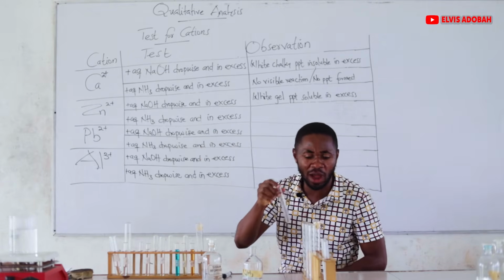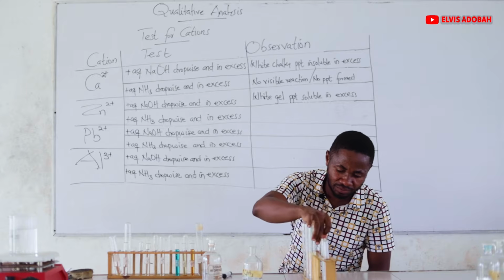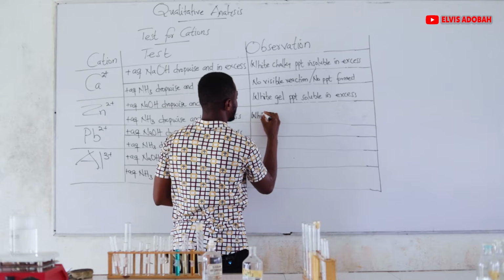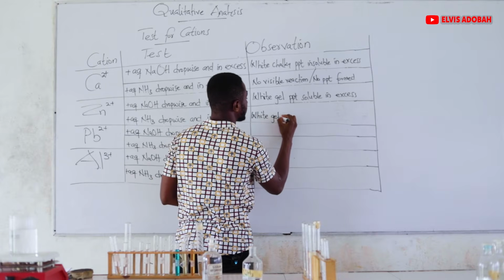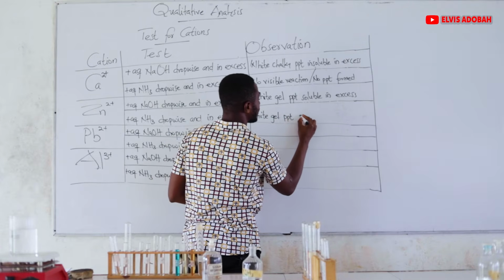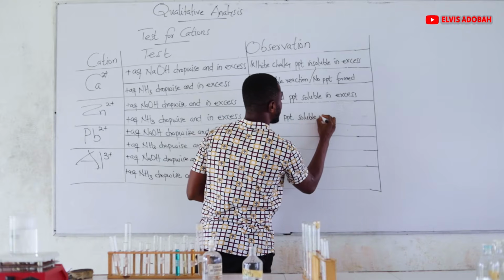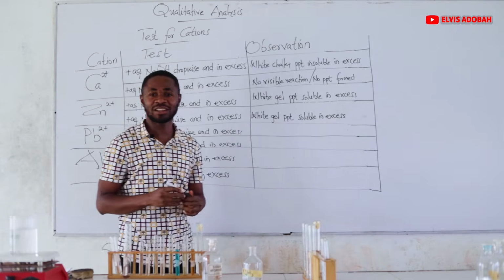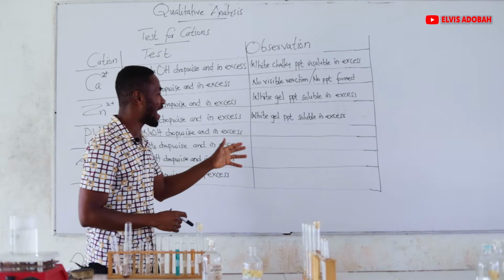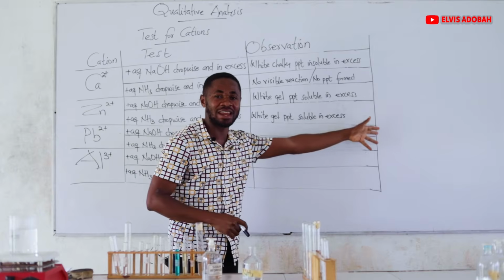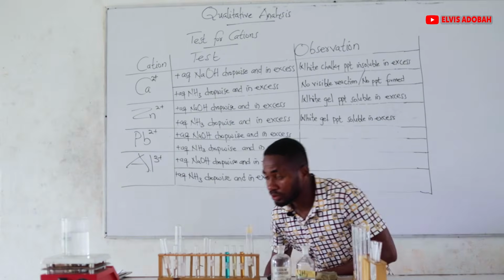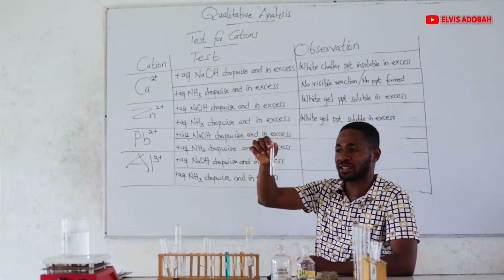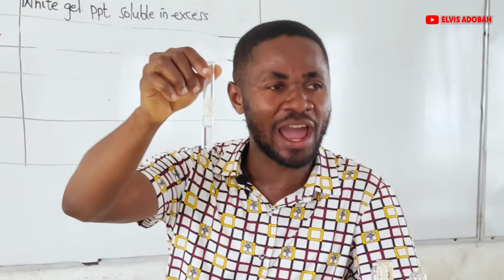So let's record our observation. White gelatinous precipitate, soluble in excess. Once again, you can add "to form a colorless solution." So next, we continue with our Pb2+, lead-2 ion.